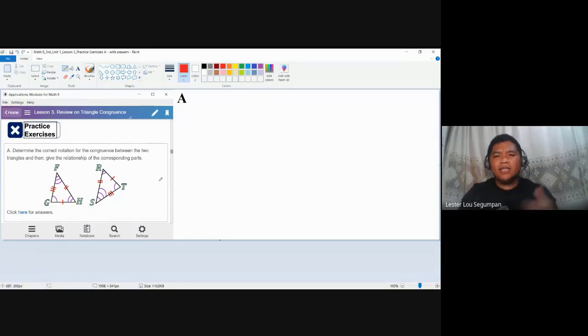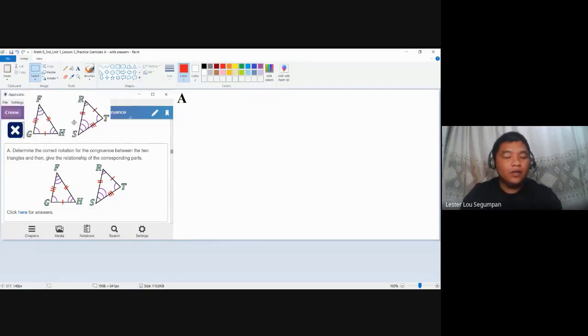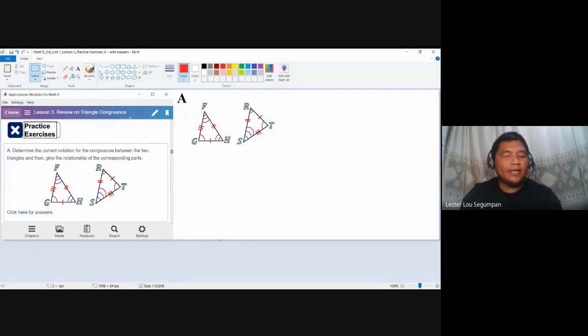Some of us are not really that comfortable when we're looking at the figure. So what we could do here is this. Let me copy this one here. For those who have problems identifying corresponding sides, I may ask you to rotate this in such a way that it could look like the given. Sorry for that.